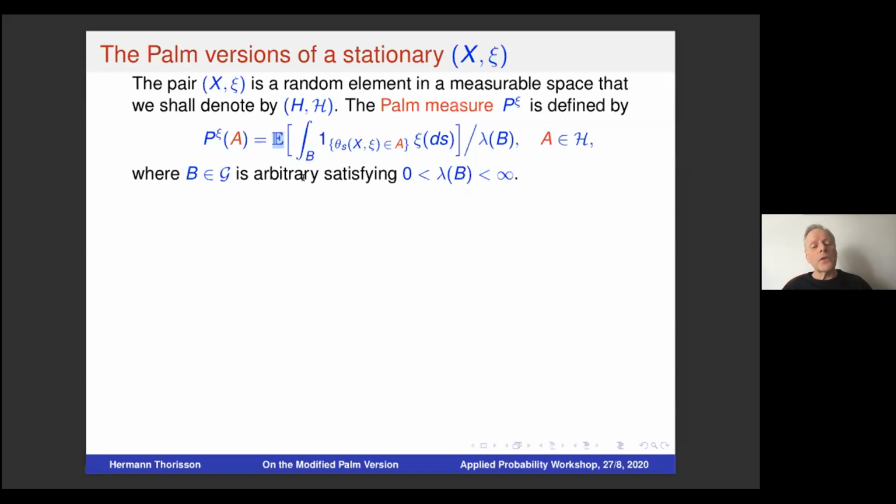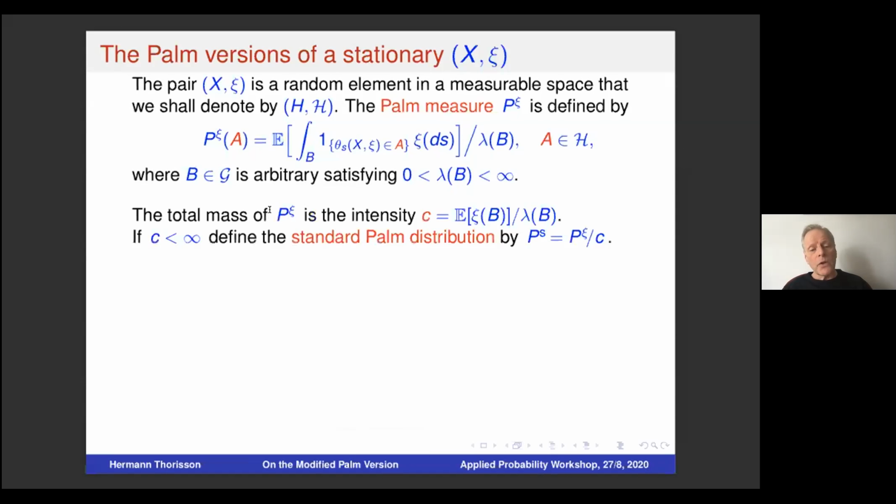And so we take the expectation of this, and the total mass of this measure is the intensity of psi.